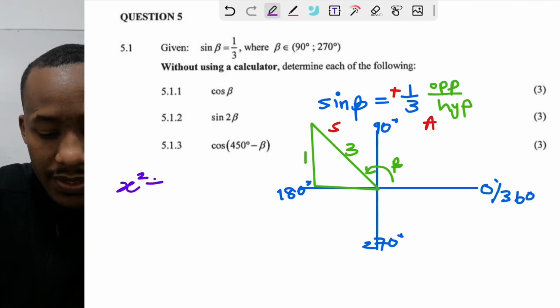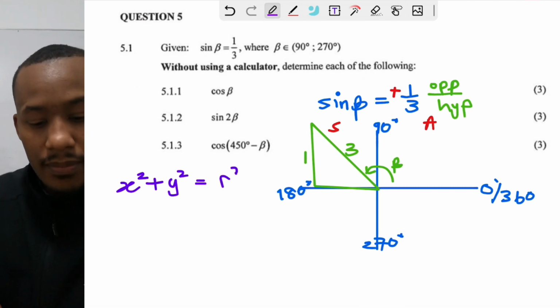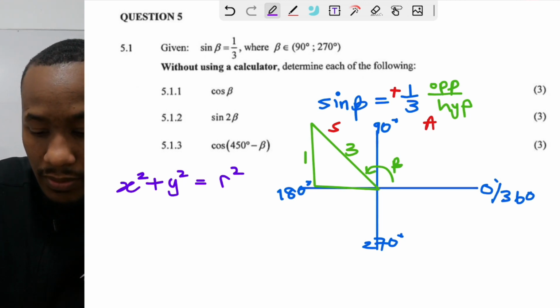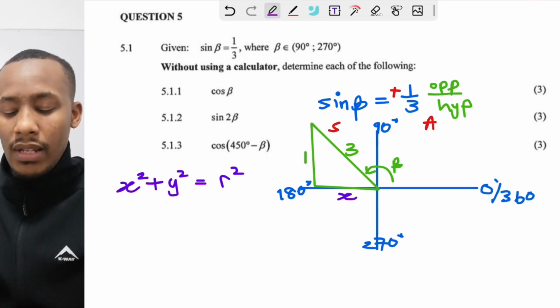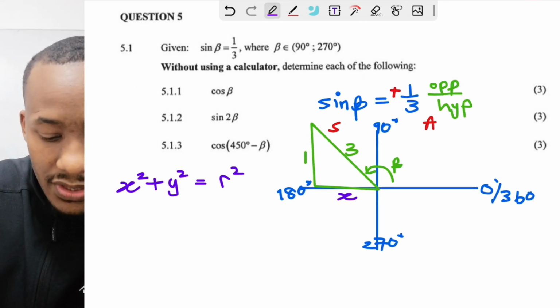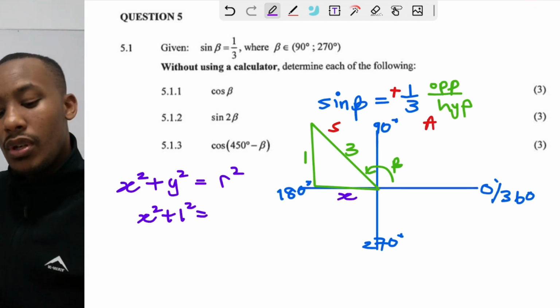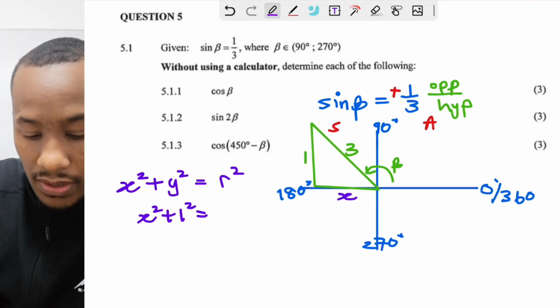x squared plus y squared is equal to r squared. Now x would be this horizontal, the adjacent value, and y would be the vertical one, so that's 1. So x squared plus 1 squared equal to r squared, which is the radius, or in our case the hypotenuse of the triangle.